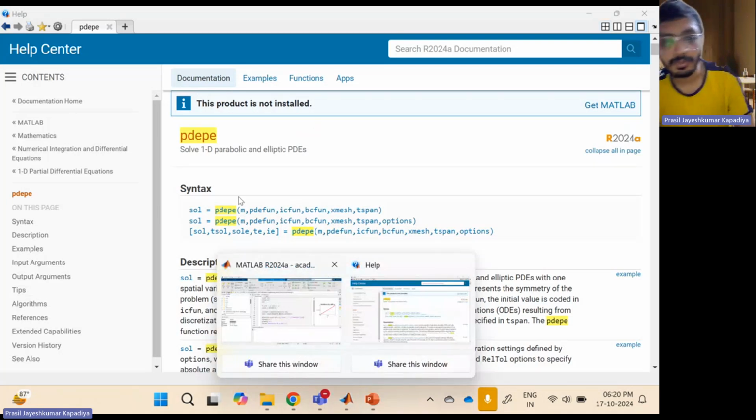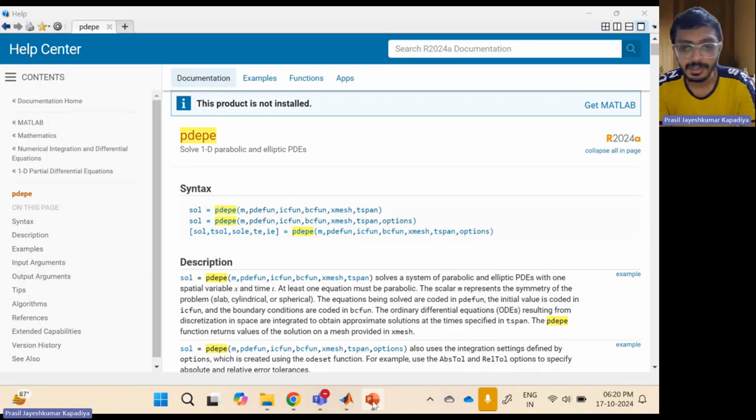So my solution is equal to pdepe. Let's copy this.